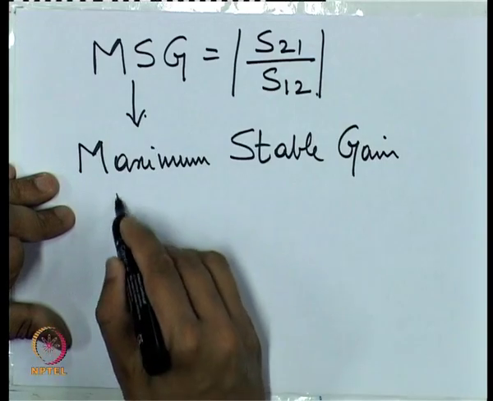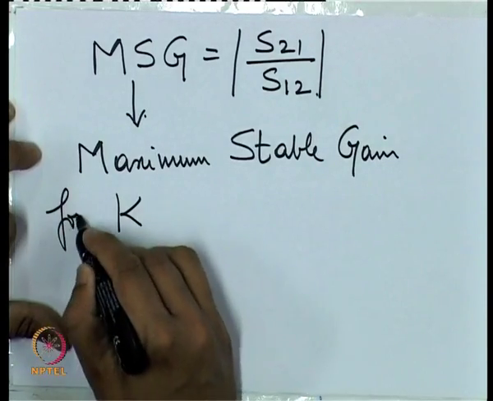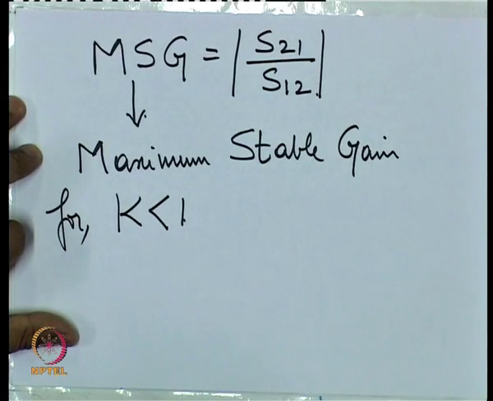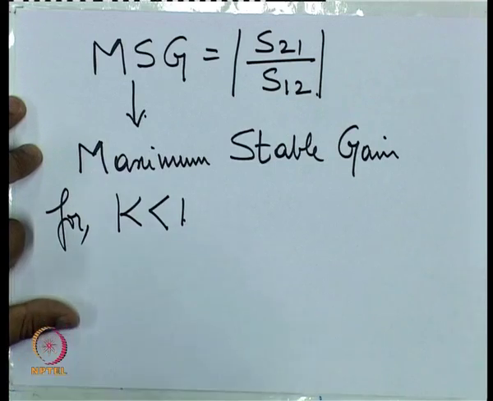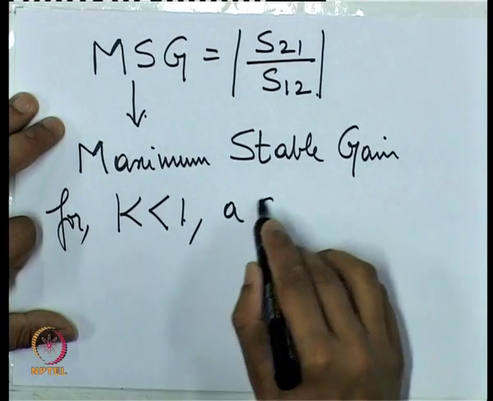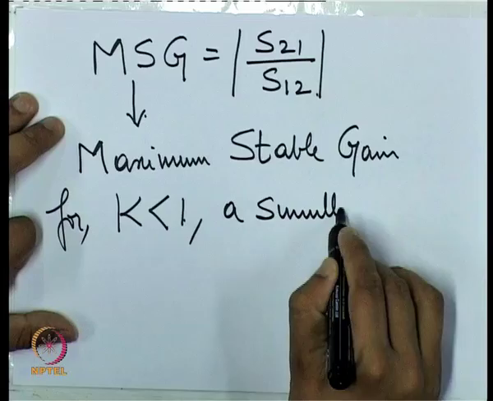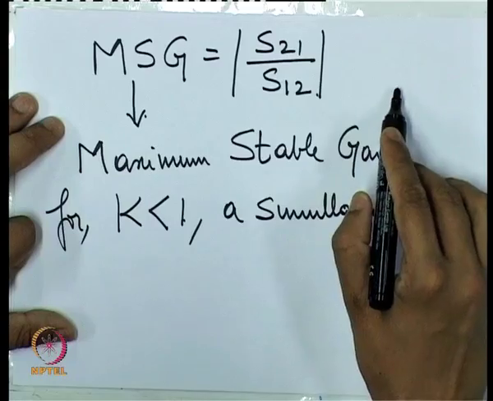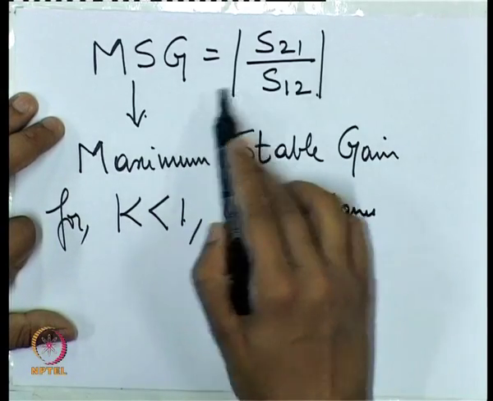Now for K lesser than 1, that is for the potentially unstable case, a simultaneous match doesn't exist. So at K equal to 1, a match is possible, and the gain at that value is given by this.